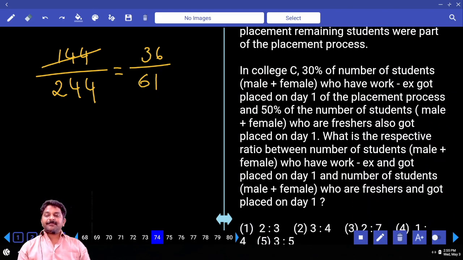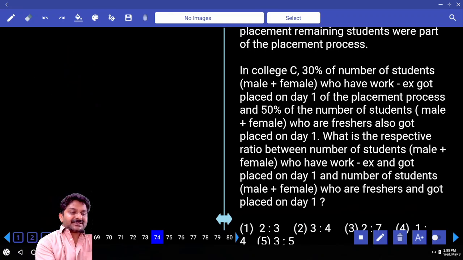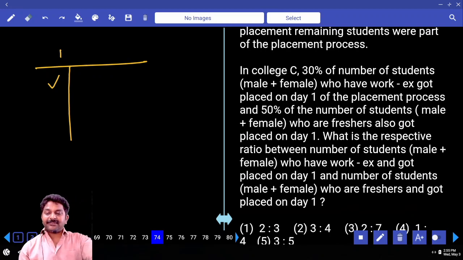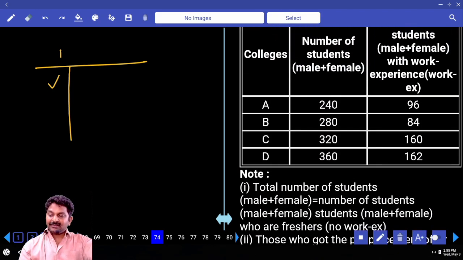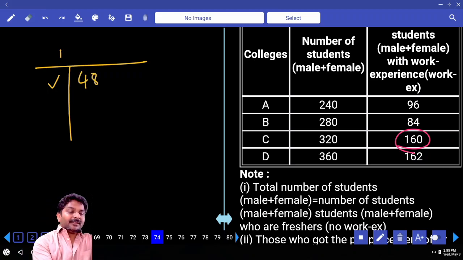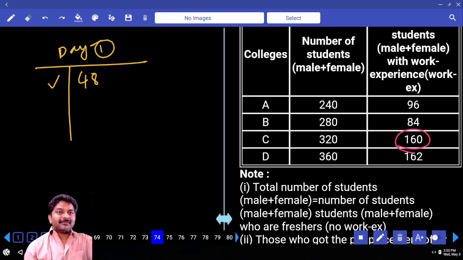In college C, 30% of the number of students who have work experience got placed on day 1, first day. In C, how many have experience? 30% of them got placed on day 1.